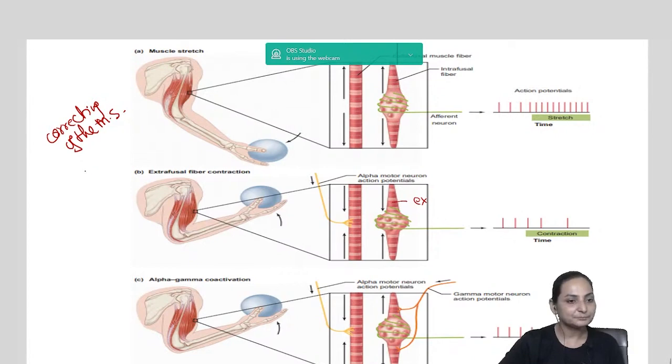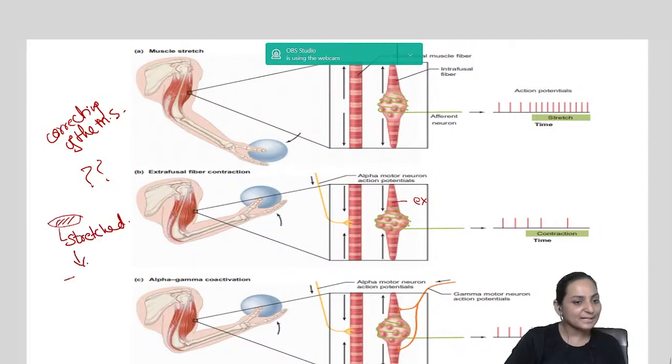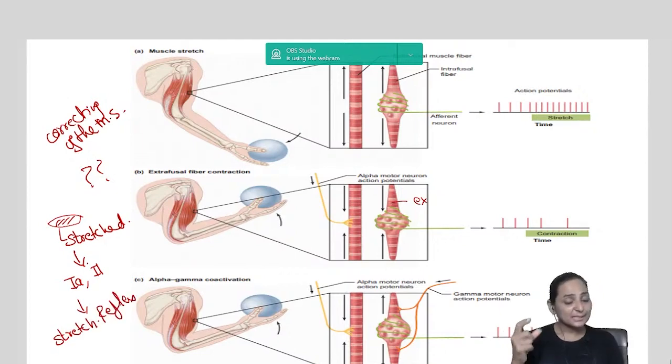What will happen? I told you that constantly the muscle spindle should remain slightly stretched, so that always there is a rate of discharge by 1A and type 2, and always the static stretch reflex is functioning, and the length tension is always detected by the cortex and by the cerebellum, and there is going to be a proper muscle tone, length, movement.